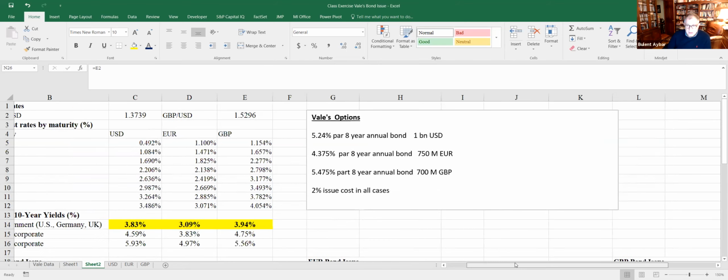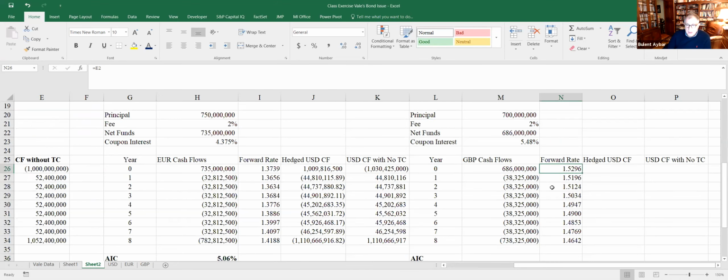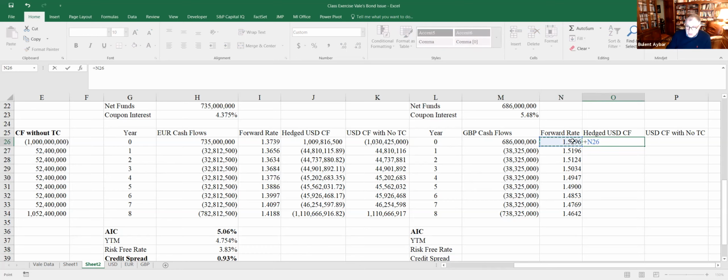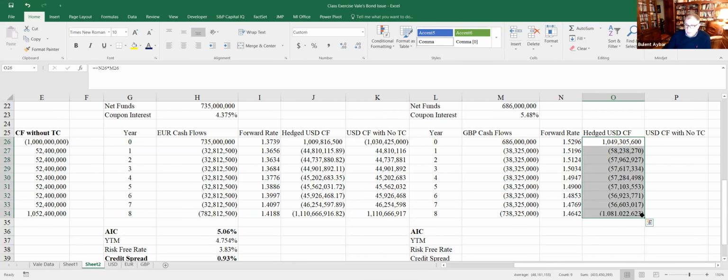But as a result, the US dollar appreciates in the forward. And if you calculate the hedged cash flows for the pound, convert these into US dollars at the forward rates, copy this through. These are all the dollar cash flows.